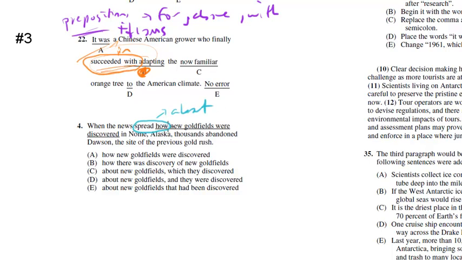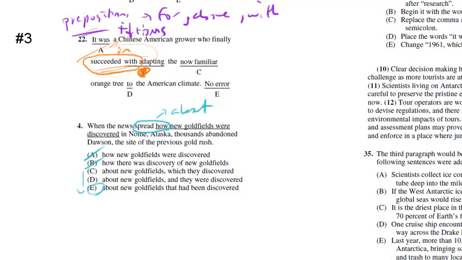News spreads about something, not how something. So, let's get rid of A. B makes the same error. We've got 3 choices that use about. Now we just got to pick the one that works the best, and it's going to turn out to be E. When the news spread about new gold fields that had been discovered in Nome, Alaska, thousands abandoned Dawson, the site of the previous gold rush. Boom. So E is our answer here.